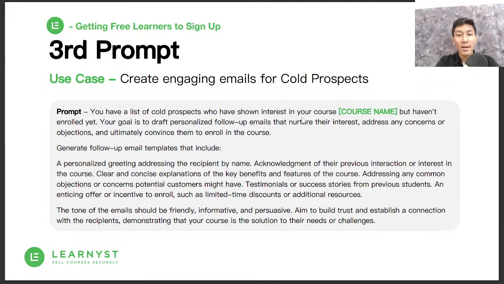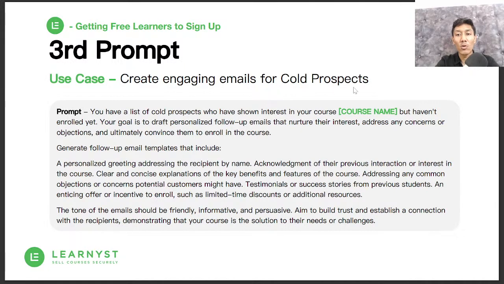So obviously, you must be having a list of students or learners that may have been interested in your courses but didn't take any action, or a list of learners that is 1 year old. To re-engage them and get them as paid learners and enroll them into your courses, you have to start sending them engaging emails.